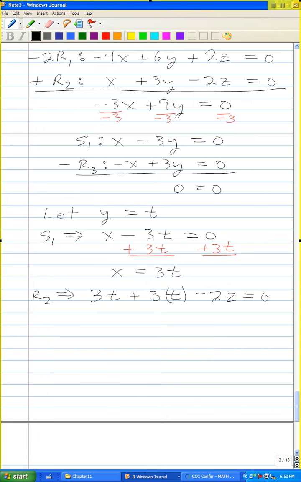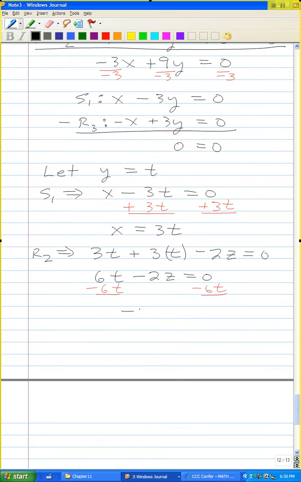So 3t plus 3t, 6t minus 2z is 0. Subtract 6t from both sides. So negative 2z equals negative 6t. Divide by negative 2.